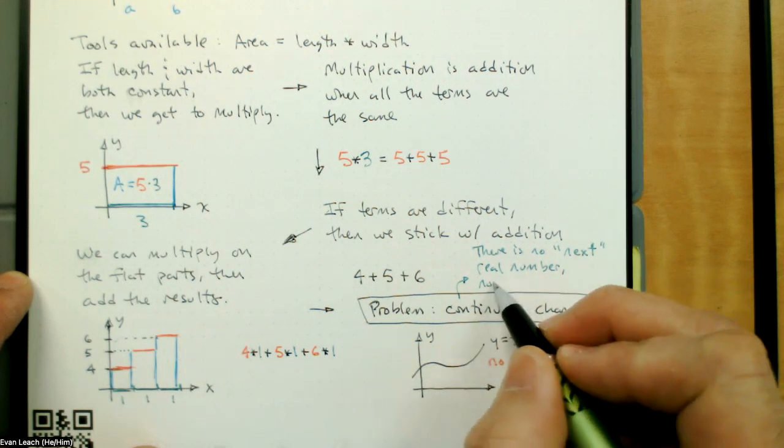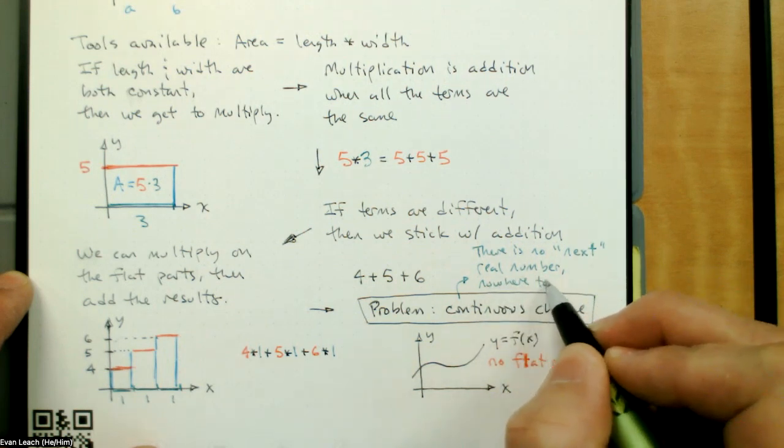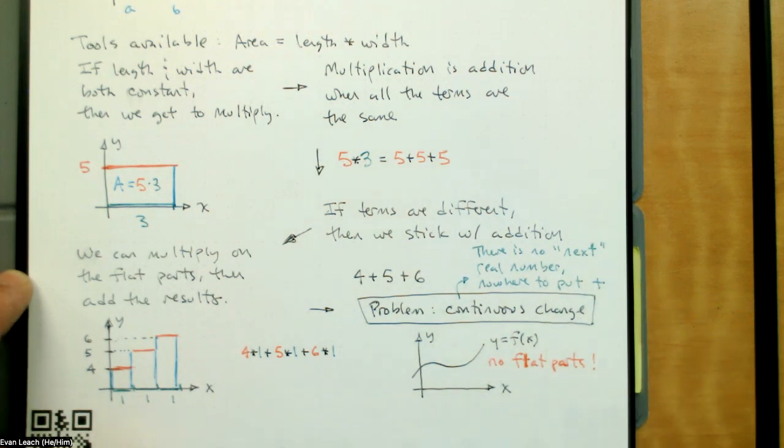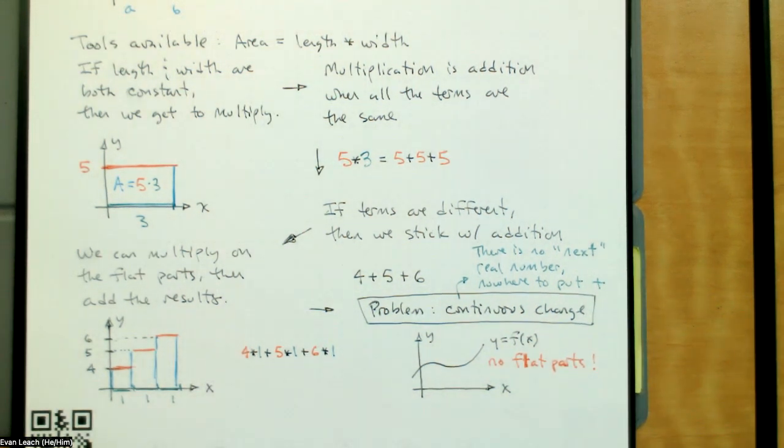Nowhere to put plus. If you name a real number, there is not a next real number. It's a different kind of infinity that we're dealing with.